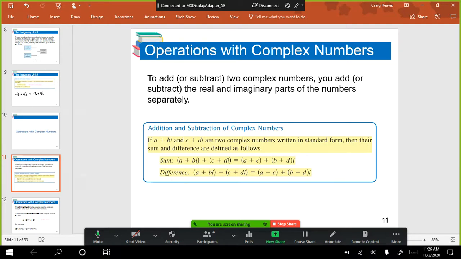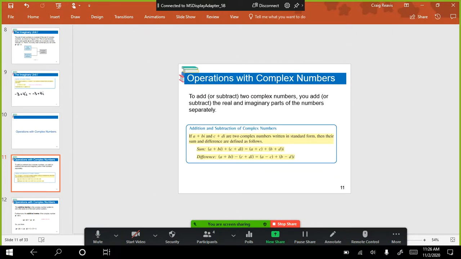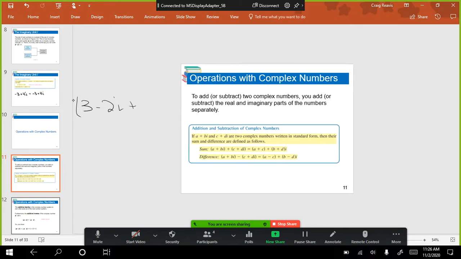So if I had 3 minus 2i plus -4 minus 7i, two complex numbers, I simply combine the real parts.